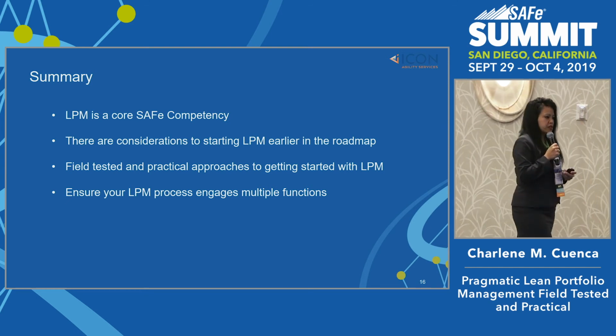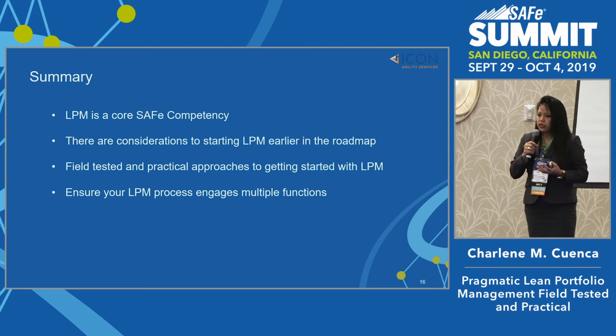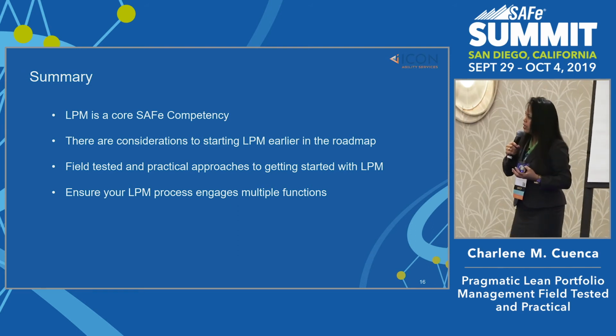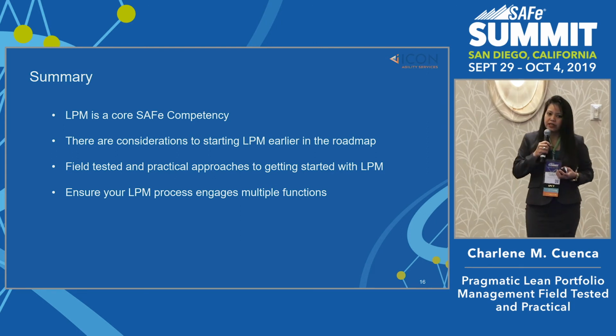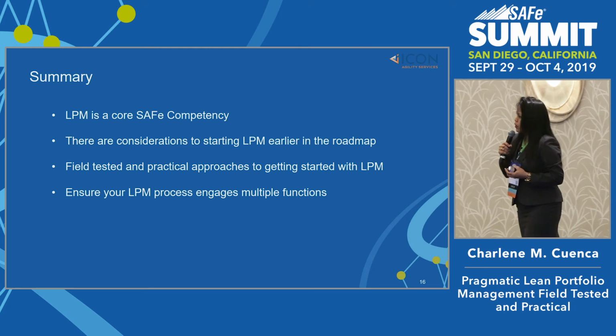There are considerations to starting Lean Portfolio Management early. So we want to start those discussions and planting those seeds early on, and the SAFe implementation roadmap in 5.0 clearly articulates that. And I think that's a really good thing that's been done, very much needed.